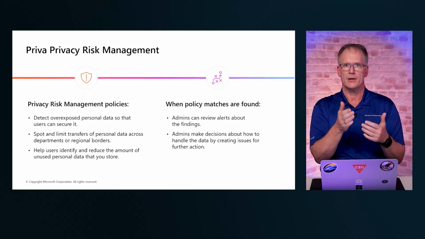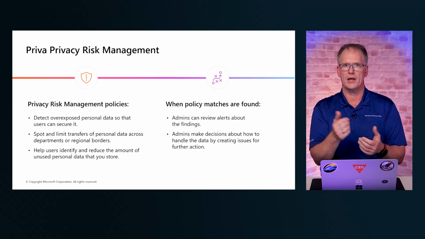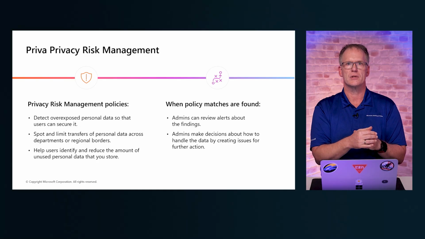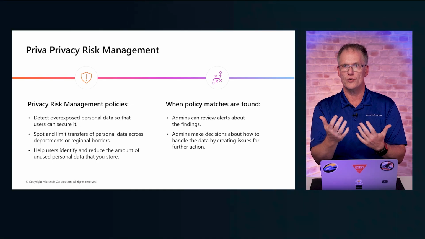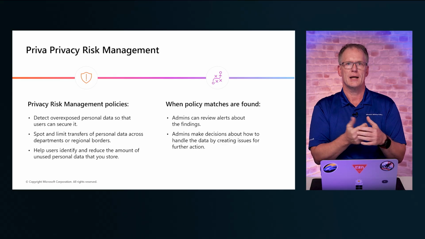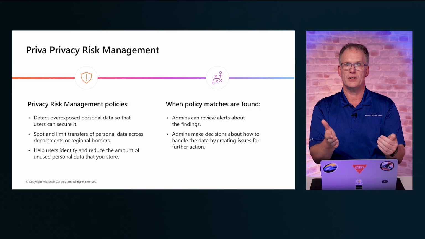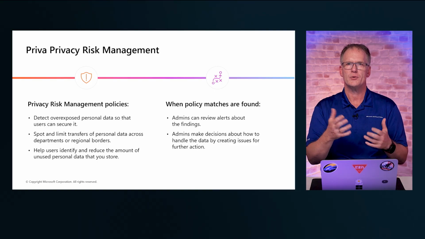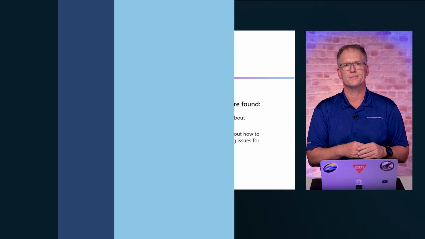Find out if personal information, personal data is too exposed, so it can be protected by users themselves. They can monitor and restrict movement of personal data across units or geographical boundaries. And it can help users discover and decrease the amount of unused personal data that is kept by them. It helps to be mindful and act on it.